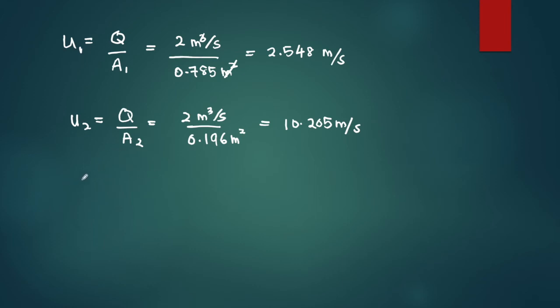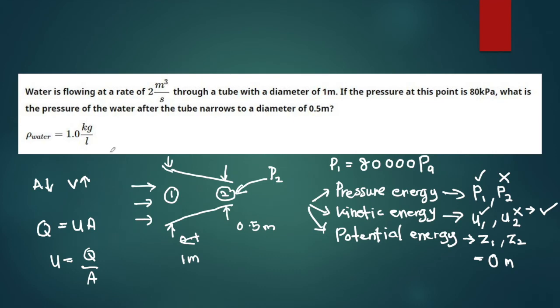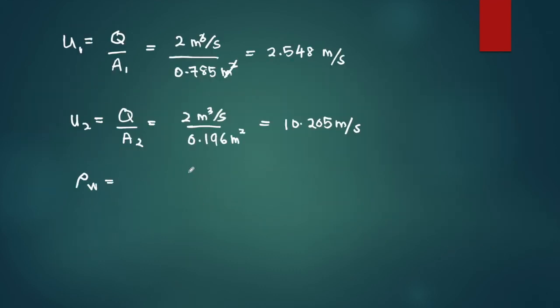So now we have to change the density of water. We know that the density of water given is 1 kilogram per liter. So therefore we have to change it to kilogram per meter cubic.